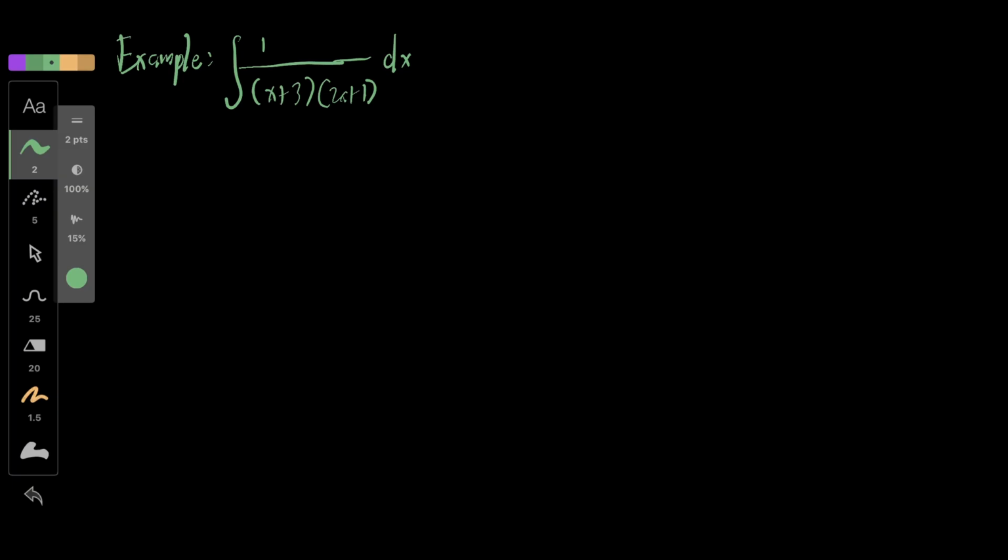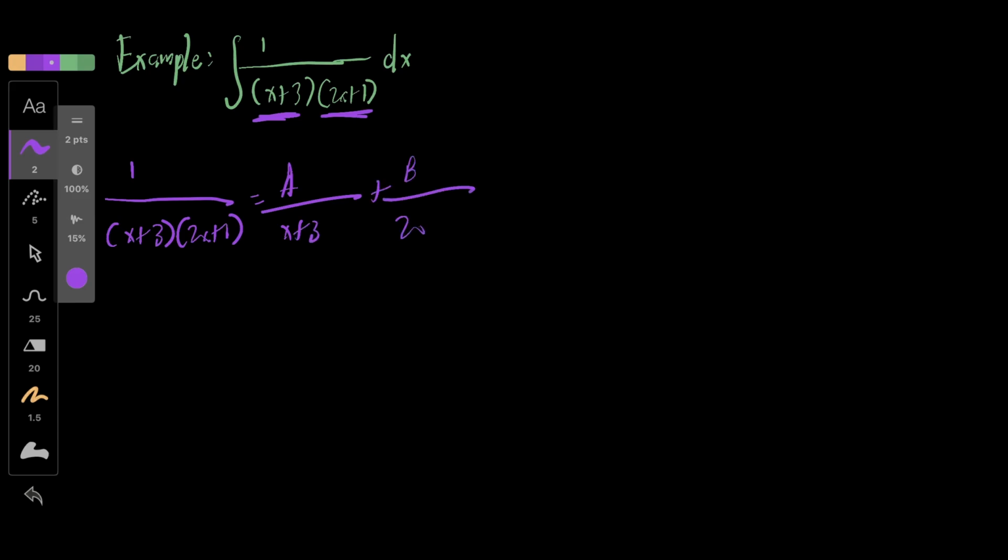So, as I said earlier, this video is about partial fractions. So, let's use our partial fractions method. Now, you realize this aligns with method 1, as there are two distinct linear factors. So, this will be 1 over x plus 3 times 2x plus 1 is equal to a over x plus 3 plus b over 2x plus 1.